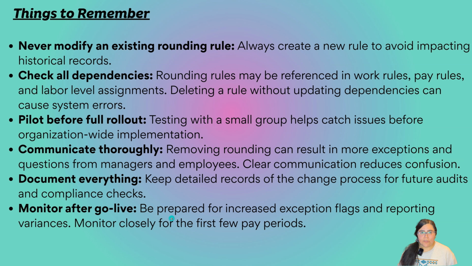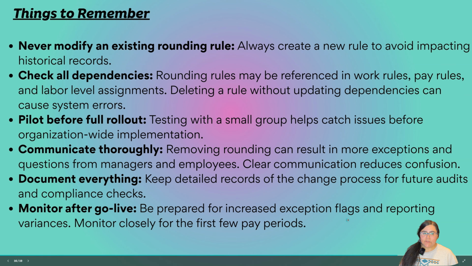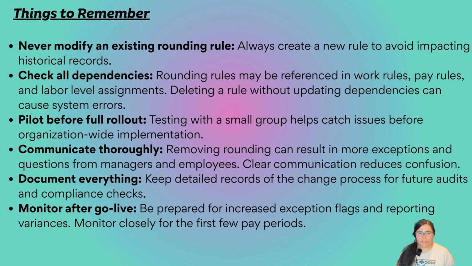Monitor after go live. Make sure that if you created a new exception to accompany this time rounding rule, then to highlight those, run the actual versus time rounded variance report to make sure there are no variances anymore. That is a standard delivered data view that UKG provides. So absolutely run that to validate that it is working as expected.